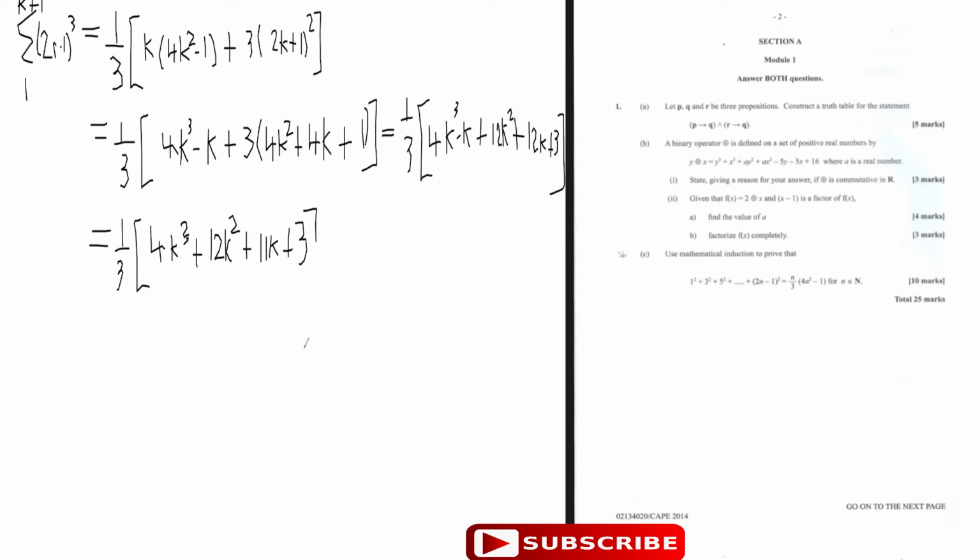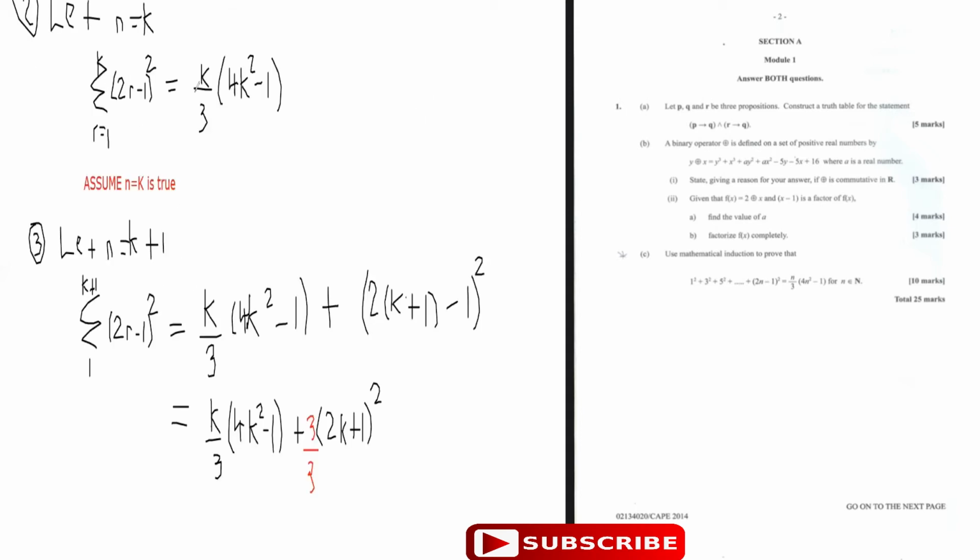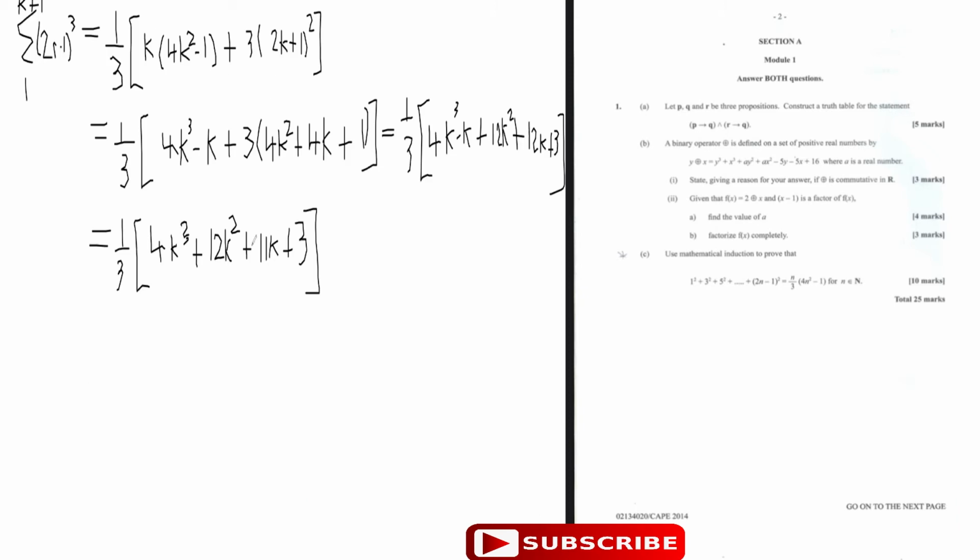Now remember, what are we trying to get? What's the goal? The goal is to show that the sum from 1 to k plus 1 should be k plus 1 over 3 times 4 times k plus 1 all square minus 1. So we need to get this to be k plus 1 over 3 times 4 into k plus 1 all square minus 1. That means we need to factor out k plus 1 out of this.